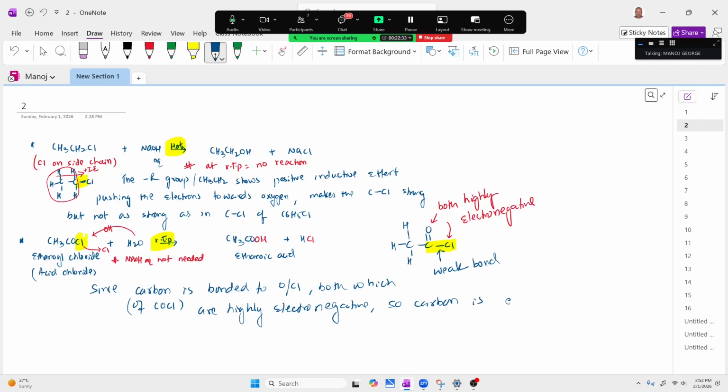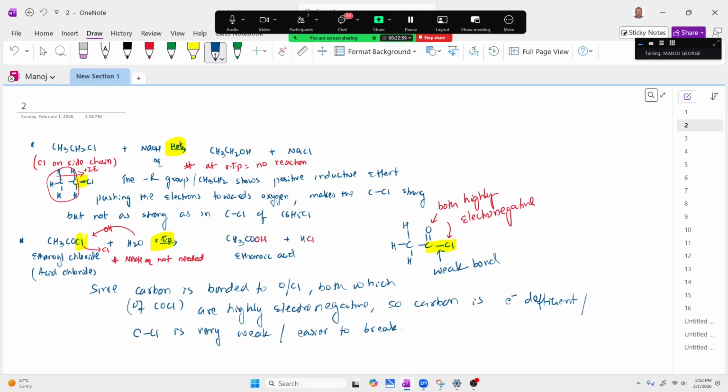Carbon is electron deficient, correct? Carbon is electron deficient, or you can say the C-Cl bond is very weak. So it is easier to break, correct? It is very weak or easier to break. So that is the reason why acid chlorides are the easiest to hydrolyze.